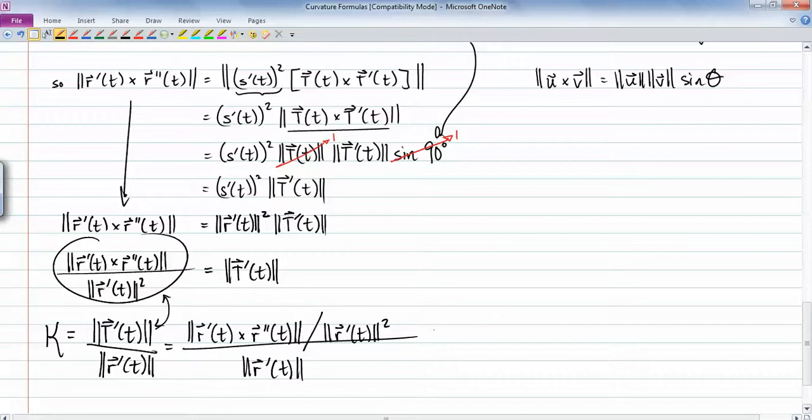Well, if I multiply both the top and the bottom by the magnitude of r' squared, then we get the magnitude of r'(t) cross r''(t) divided by the magnitude of r'(t) all cubed. Whew. And that's it, right there.